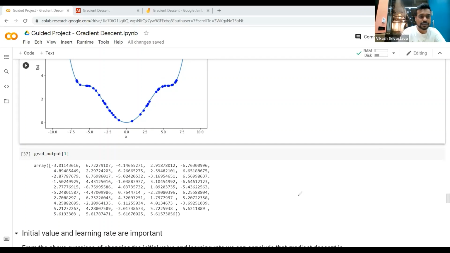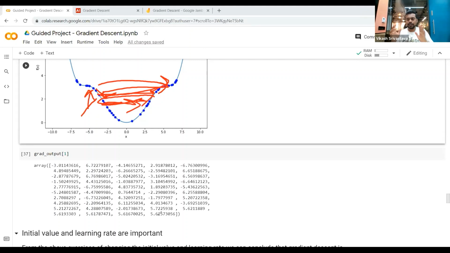Right, so we started somewhere here, we moved here, then we moved here, right? Then next we moved to -4.4, so we moved somewhere here, then next is 2.91, so next we move to this particular point. Essentially, we kept rocking back and forth until it got stuck here, at 5.616 and 5.615, right?